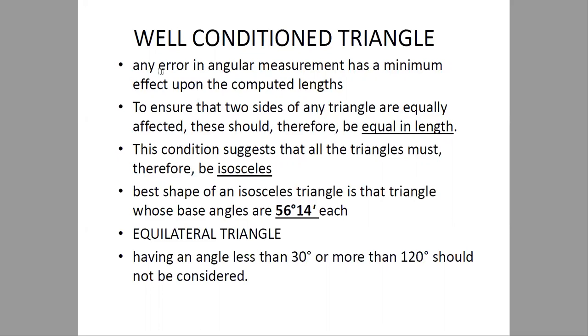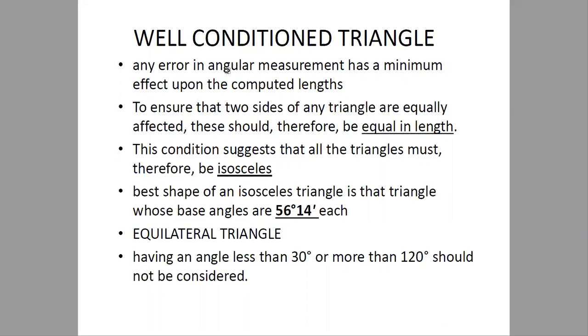Therefore, we have to choose such triangles that lead to minimum error in the computation of lengths in case of any error in angular measurement. We have studied that we calculate the length of sides in triangulation with the help of azimuths.